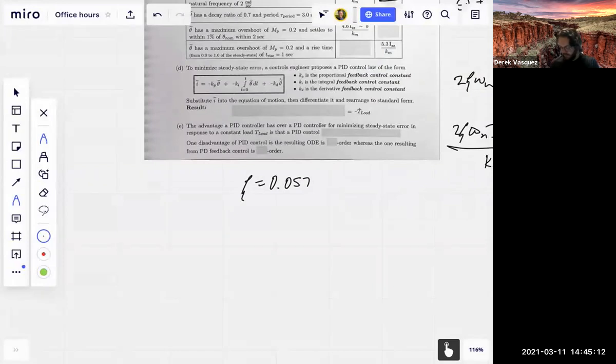And then we want a period of, so we know our period is 2 pi over omega d, right? And what's our relationship between omega n and omega d?